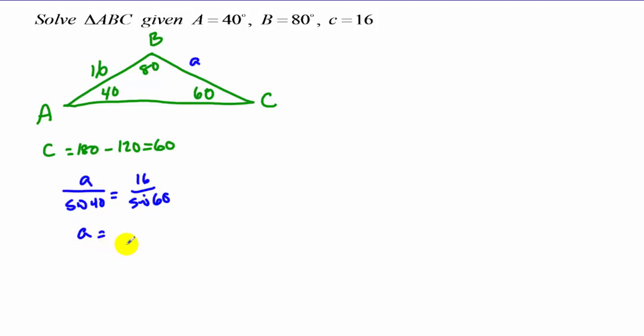So just like the last problem, multiply sine of 40 to both sides. I have 16 sine 40 over the sine of 60 is going to equal A. And we end up with 11.88 for A.